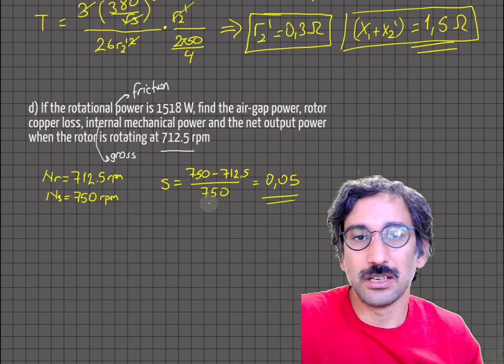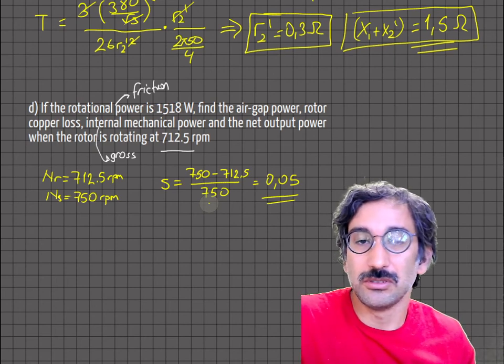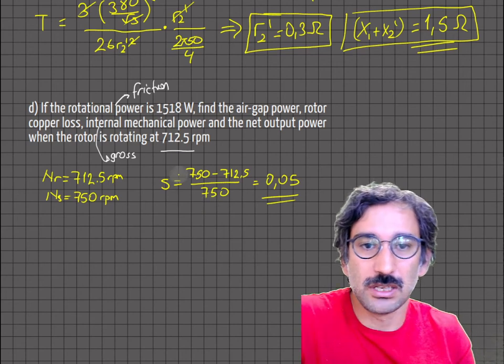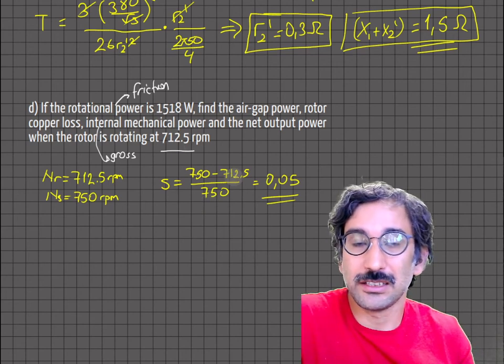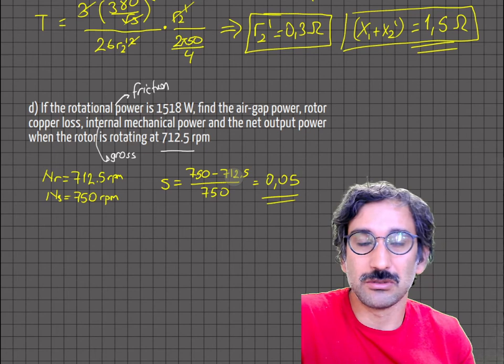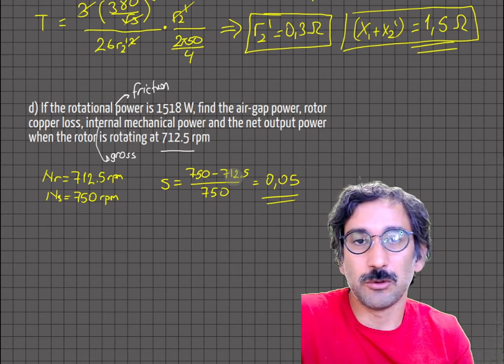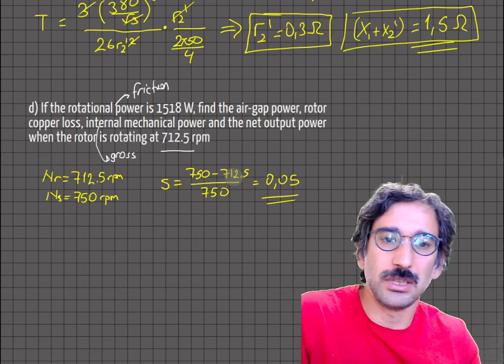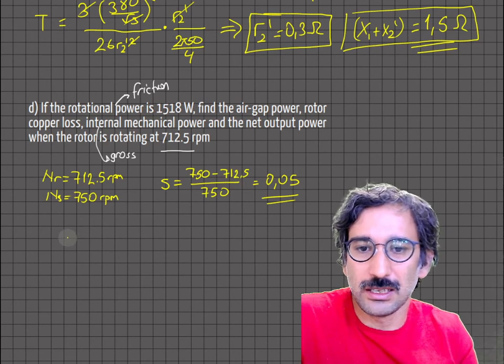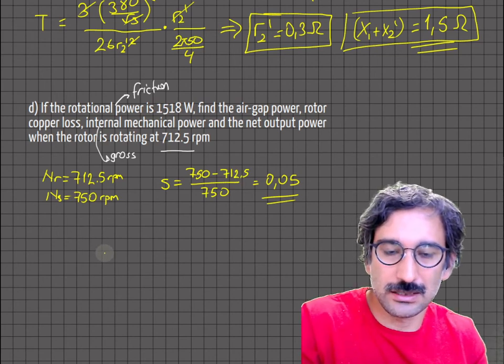Or if I find it like 0, then that means it cannot produce any power, or if it is in the negative range, maybe that should be operating in the generating range. So please ask yourself if those numbers make sense or not.